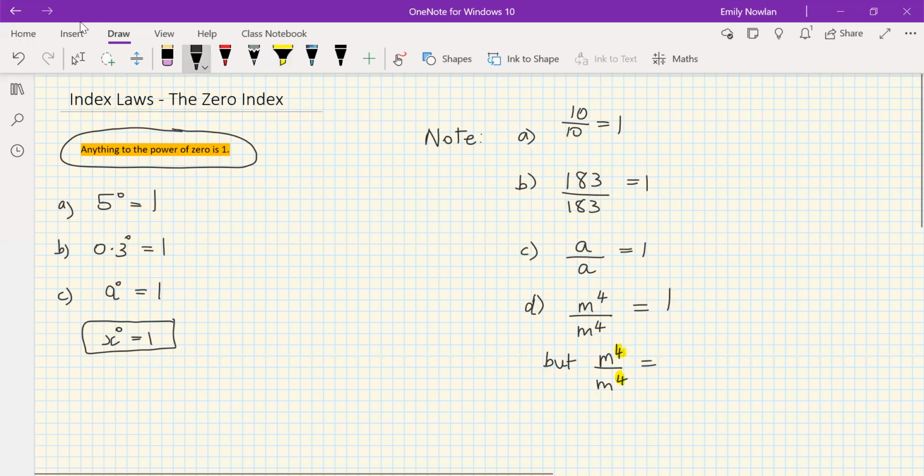What's the law for that? You subtract your powers. So that becomes m to the power of 4 minus 4, which is 0. And m to the 0, as we know, is 1 from our law as well. So it makes sense. It fits in with the rules about dividing indices with the same bases, and it also fits in with our new law.